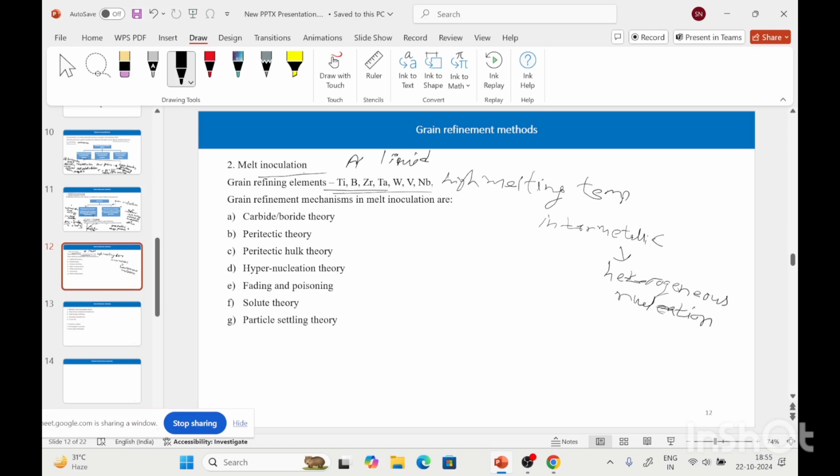So this heterogeneous nucleation gives rise to different theories. One is the carbide and boride theory, meaning the carbide can form as titanium carbide, and titanium diboride.